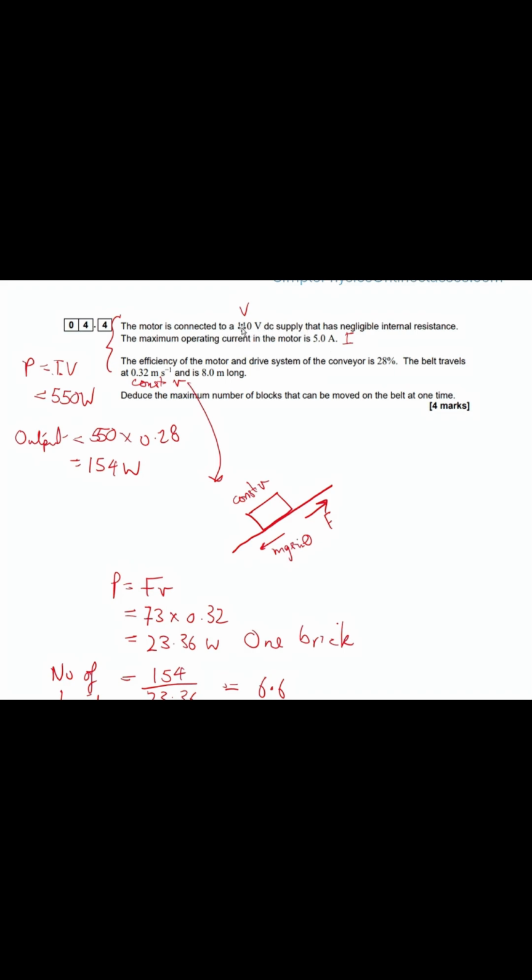You've got I and V, and because of this v and this s, you're probably thinking, where do we use this? You can actually work out the time from that. So you could have used energy instead, with efficiency as output energy over input energy, but that's up to you. You'd have got the same mark anyway.